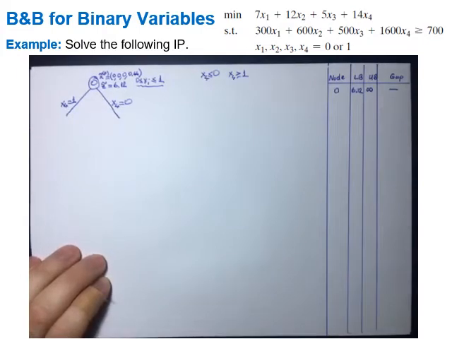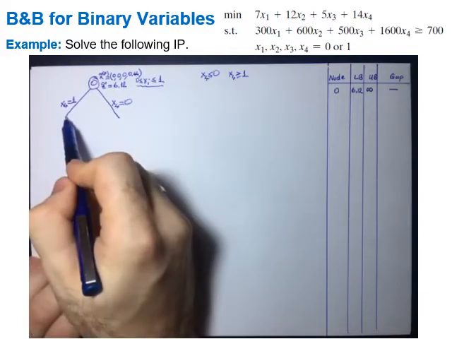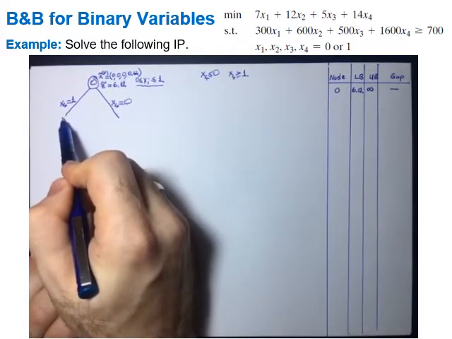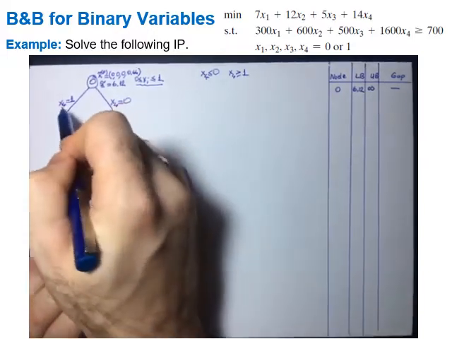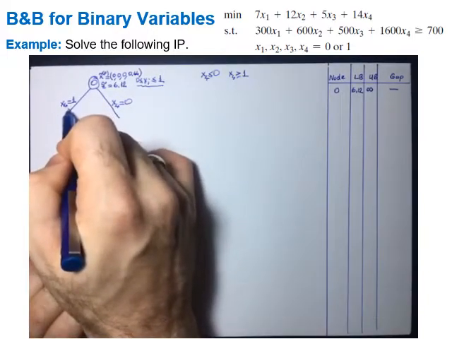In branch and bound for binary variables, whenever the value of a variable is fixed, it will never be changed. So we will continue, for example, with this node. In all the children of this node, the value of x4 will be equal to 1.